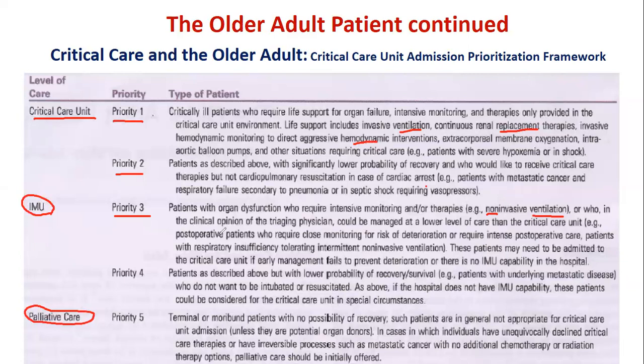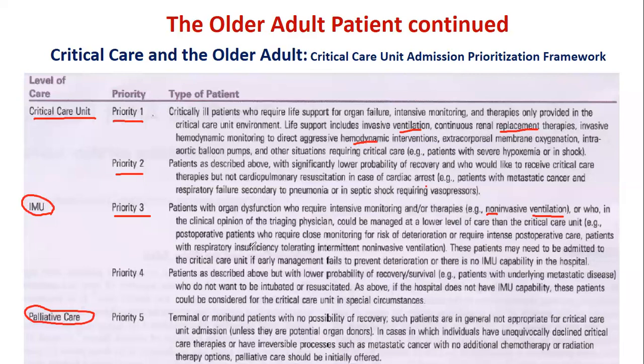Or those who, in the clinical opinion of the triaging physician, could be managed at a lower level of care than the critical care unit. For example, post-operative patients who require close monitoring for risks of deterioration or require intensive post-operative care.